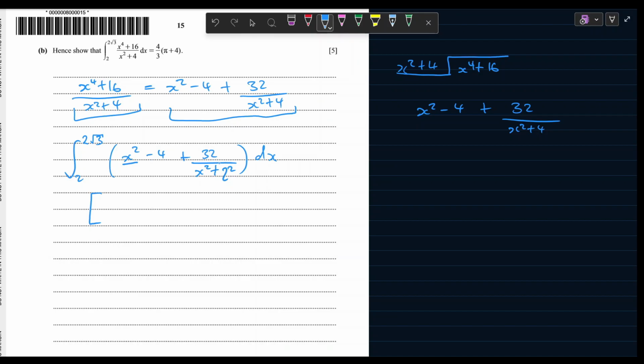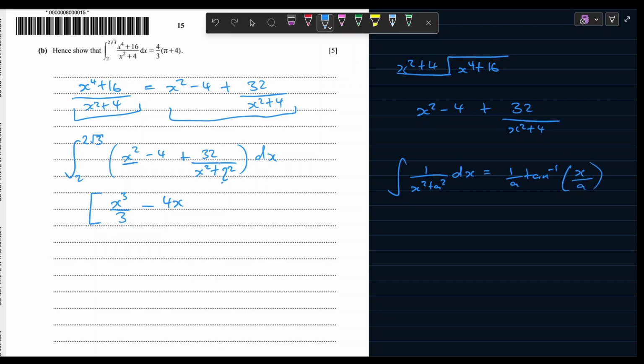If you integrate x squared, you're going to get x cubed over 3 minus, if you integrate 4, you're going to get 4x. And then here we want to use the idea that the integral of 1 over x squared plus a squared with respect to x is equal to 1 over a arctan of x over a.